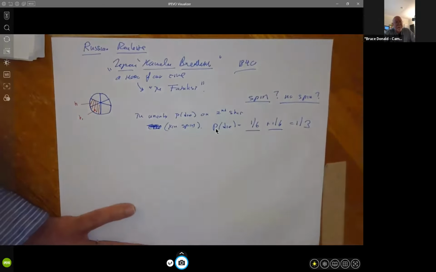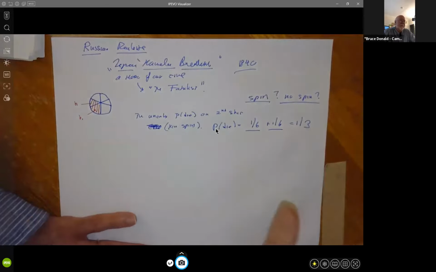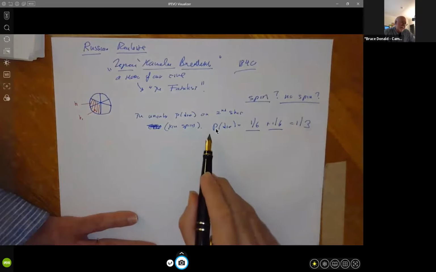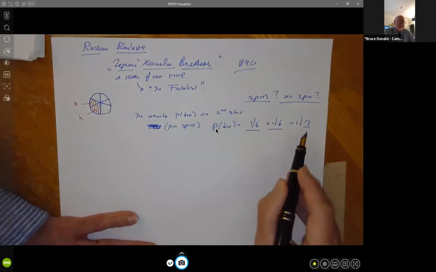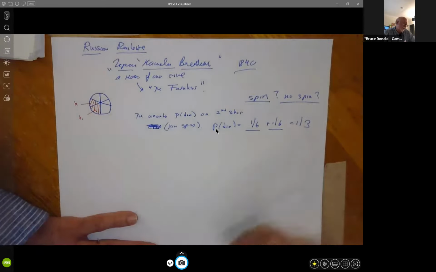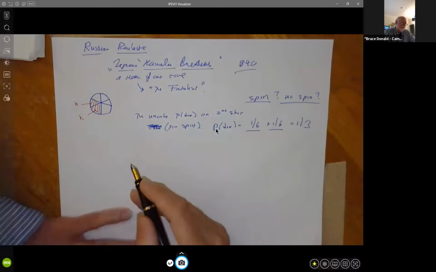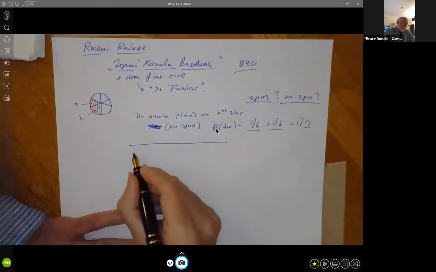After your first spin, your probability of dying was 1/3, but you survived that. Second round is completely uncorrelated because you spun again. Your probability of dying in the second round is also 1/3, because the only thing that matters is, does your hammer land on a bullet? And 1/3 of the slots have bullets in them. Okay. In contrast, what happens if you don't spin?